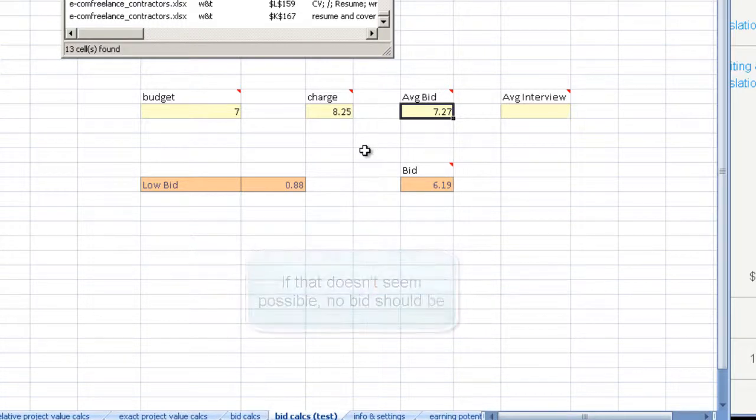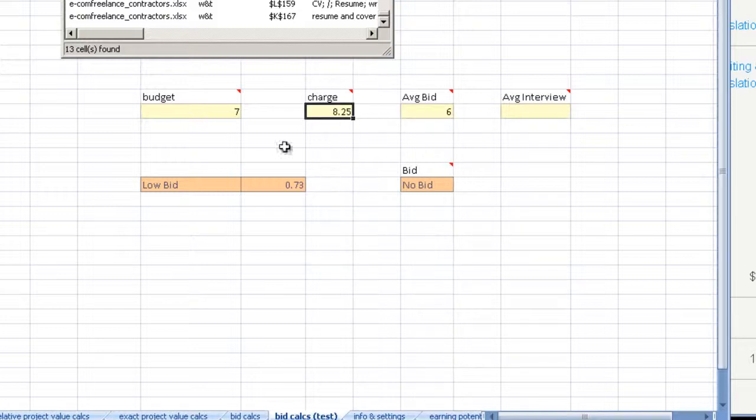So if the average bid is too low, then you're not going to be able to set a bid that is competitive with the average bid amount, yet still takes into consideration the regular amount that the contractor would regularly work with.